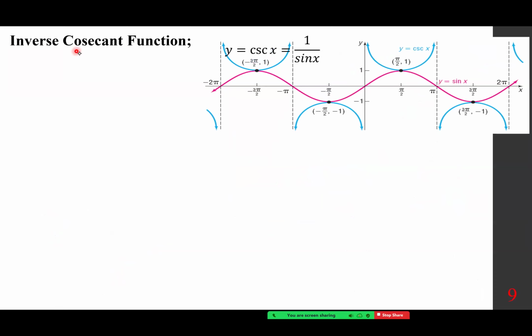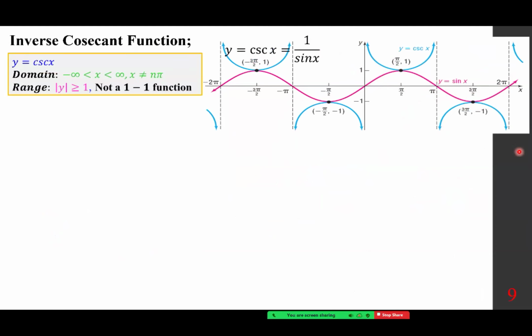Inverse cosecant function. Y equals cosecant x, where cosecant is 1 over sine. So we graph a sine function, we go indefinitely on both sides. So look at one complete cycle, this one, and flip it over. And we write y equals cosecant x, domain is all real numbers except x can't be n pi because if you set the denominator equal to 0, sine is 0 at x equals n pi.